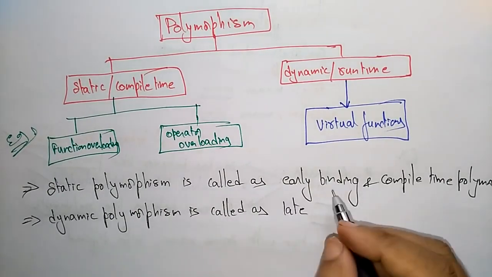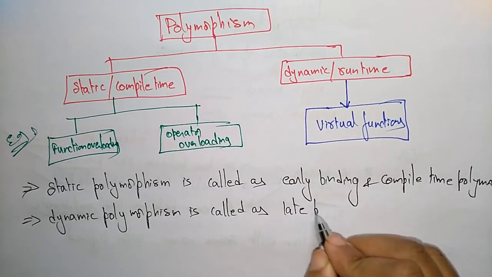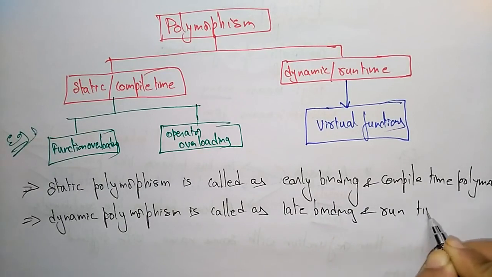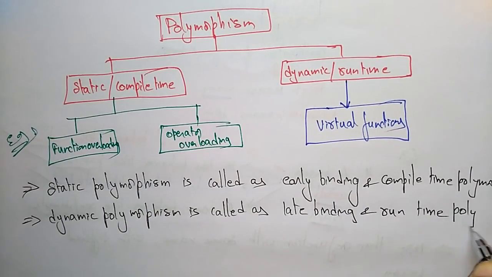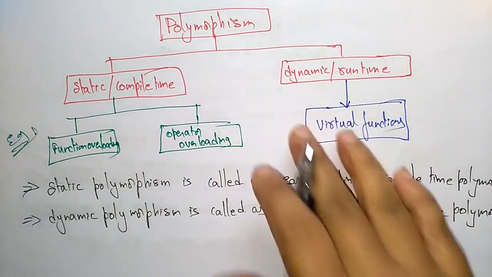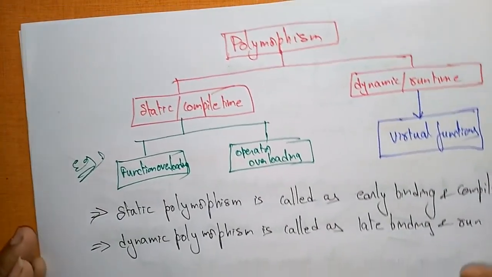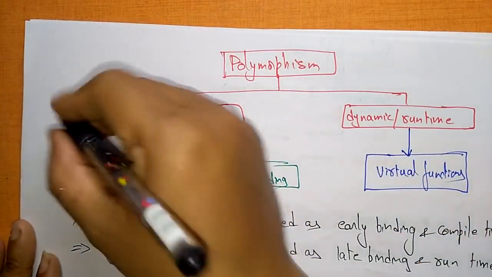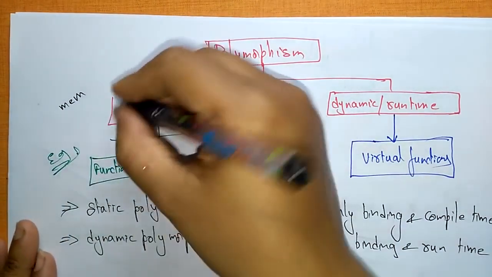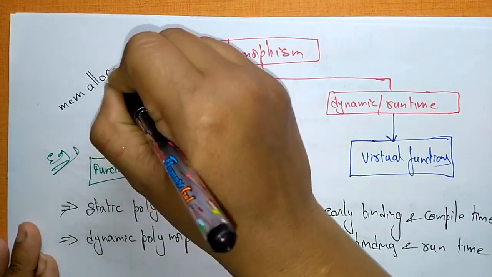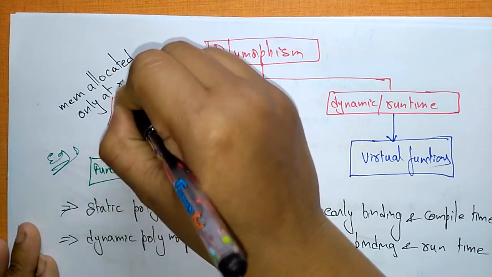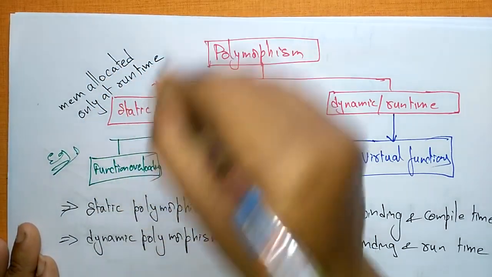So static is early binding, dynamic is late binding, and runtime polymorphism. The main difference between static and dynamic is that with static, memory is allocated only at compile time.